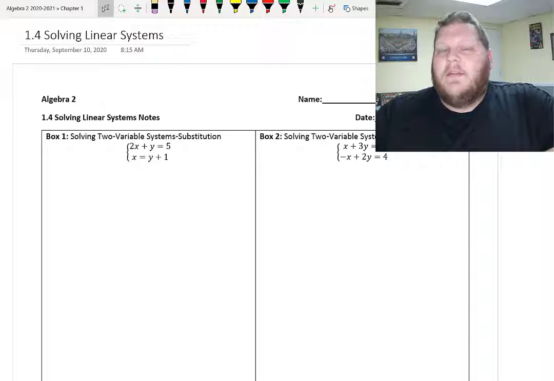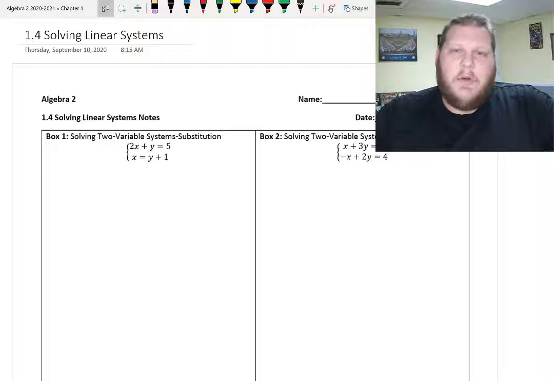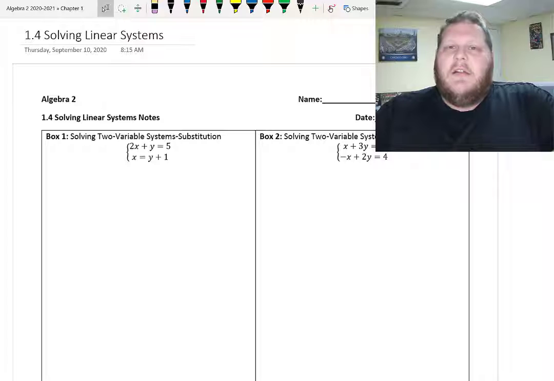So if you know x in one of them, that has to be the same x that's in the second equation, and vice versa. So if we know what y is, that's the same one in both of those. So we're trying to find here values for x and y that make both of my equations true.